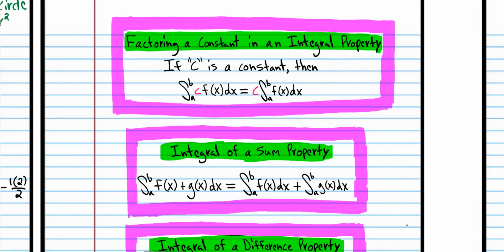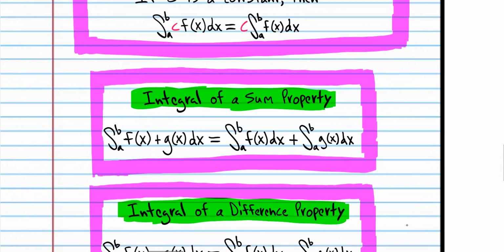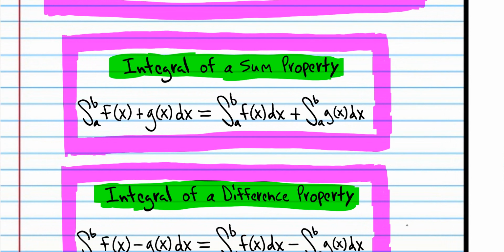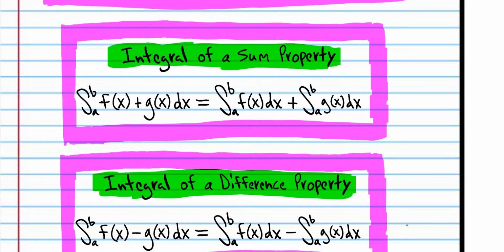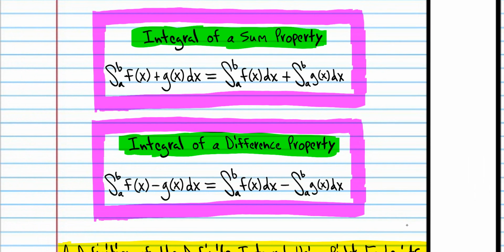That's the factoring a constant in an integral property. Then there's the integral of a sum property. If you want to integrate the sum of two algebraic expressions, then you can actually break that into two integrals. Now, it doesn't work for multiplication or division, but for addition or subtraction, it works.